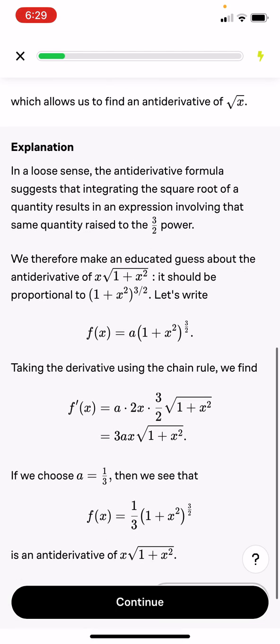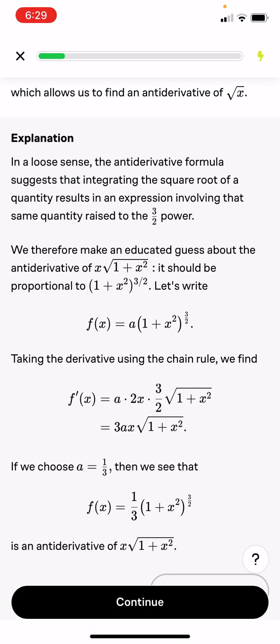I'm going to check why. In the loose sense, the antiderivative formula suggests that integrating the square root of a quantity represents an expression involving the same quantity raised to the 3 over 2 power. We therefore make an educated guess about the antiderivative of x square root of 1 plus x to the second. It should be proportional to 1 plus x to the second, to the 3 over 2. Let's write f of x equals a times (1 plus x to the second) to the 3 over 2.